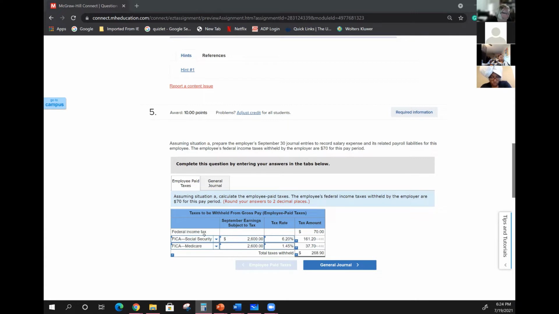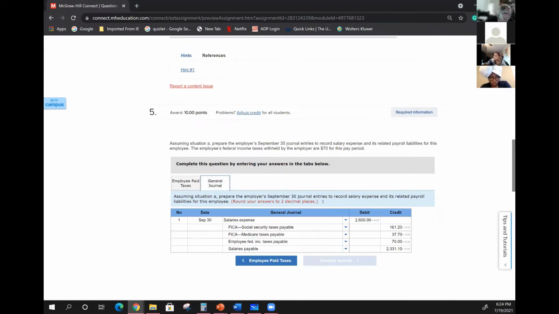There's a table that is usually downloaded into the payroll software that will calculate how much you should take out in federal taxes based on the federal tax schedules for that year. They're keeping it easy, so we don't have to look up anything. So we have $70 for federal income tax, the 161.20 and the 37.70, for a total of 268.90.